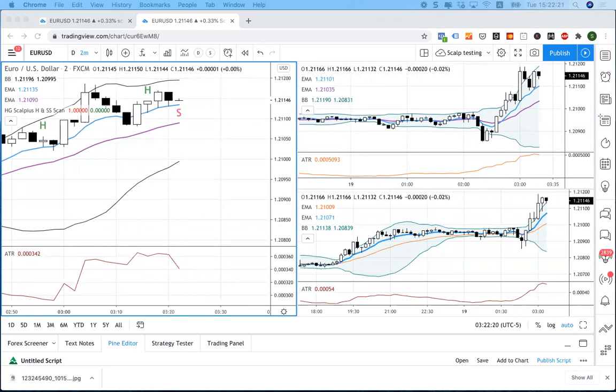sometimes perfection is the enemy of the good. What I mean is, I will replace and recalculate the order to get everything perfectly correct if I have absolutely time to do it and there's no danger of me ending up with no order on while the market moves through my level. If there's any danger of me messing it up, if I cancel this and put this one on, it's extremely possible that I have two orders on at once that get filled immediately because these are so close, or that I cancel this one and don't get the other placed in time.